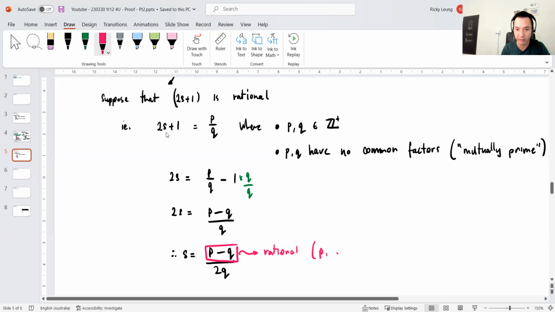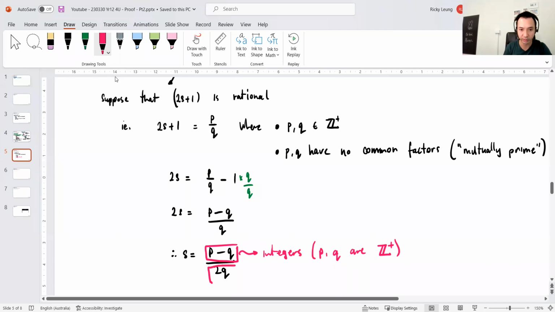Because P and Q are integers. So when I say, I don't mean rational, I mean integers. They're integers. When you subtract 2 integers, it's an integer.